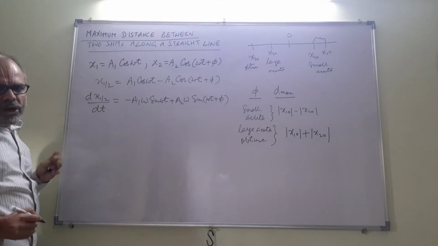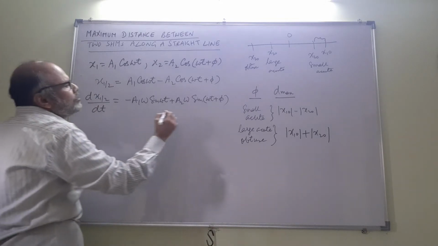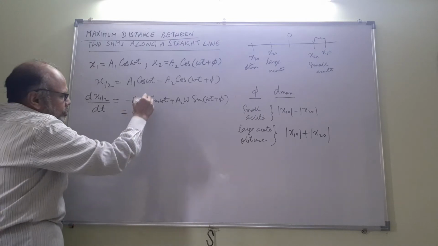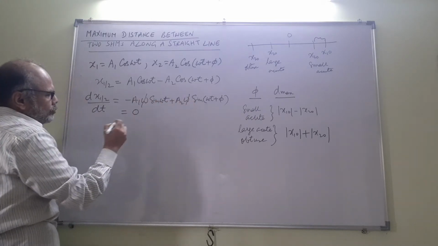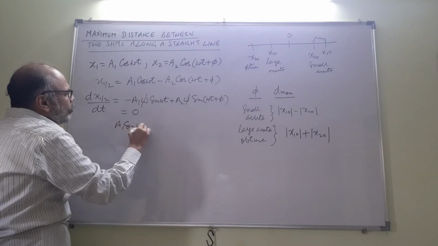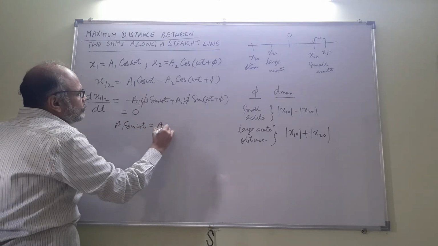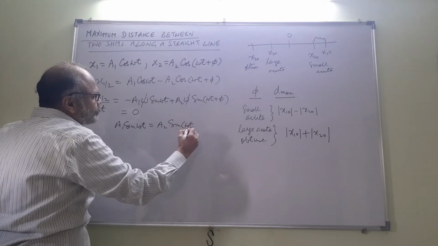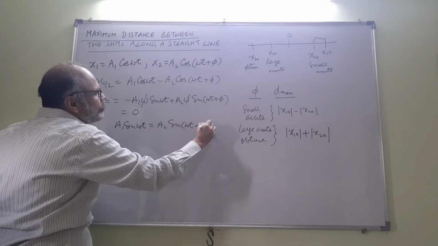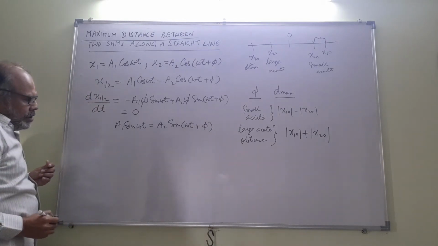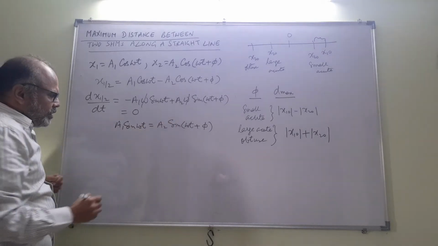Now for a maxima or a minima, the first derivative should be 0. So we equate this to 0. Omega goes off and you have a relation A1 sine omega t is equal to A2 sine of omega t plus phi.